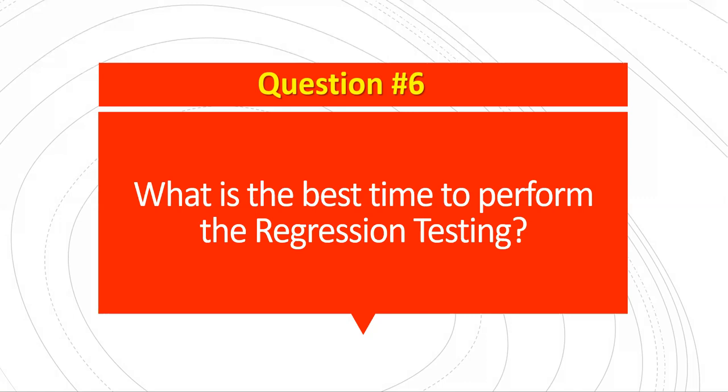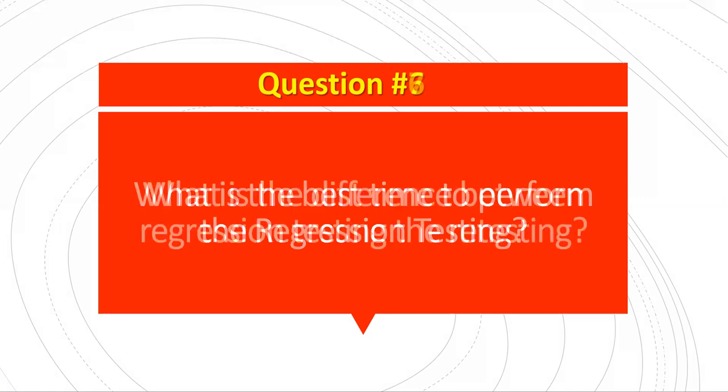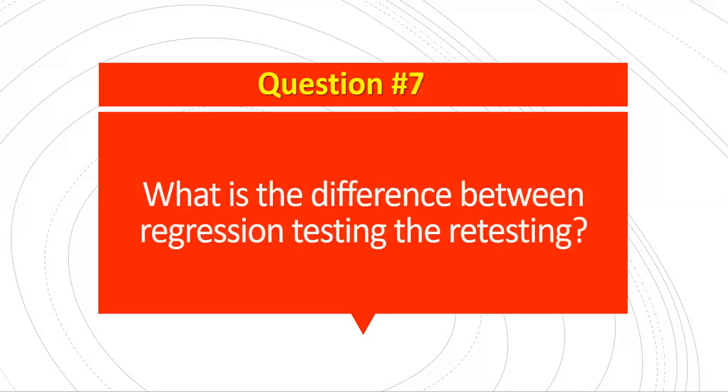So the best time, in the sense, is as soon as we get the build from the developer, we conduct the regression testing. So the next question is, what is the difference between regression testing and retesting? Most people get confused about the basic difference between regression and retesting. So let us talk about retesting. Retesting means testing the same component again and again, multiple times, with different sets of data.